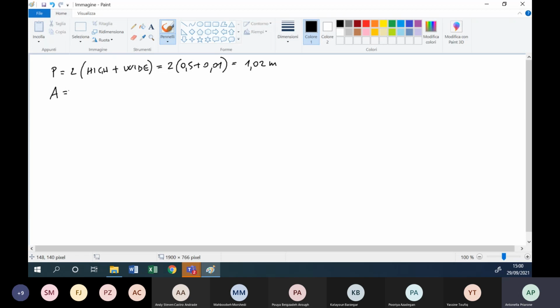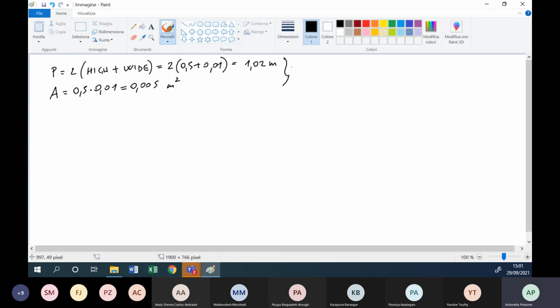Then the A, that is the cross-section area of my fin, is equal to 0.5 by 0.01, and is equal to 0.005 square meters.